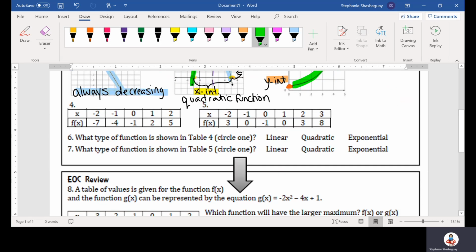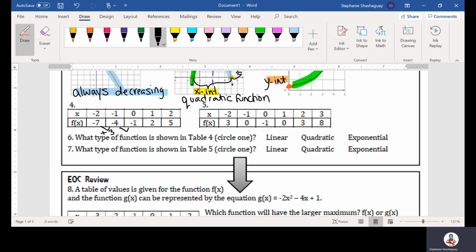Okay, let's look at table number 4. I have x values of -2, -1, 0, 1, and 2. I can look at my y values and I can determine that if I'm going from -7 to -4, I'm adding 3.